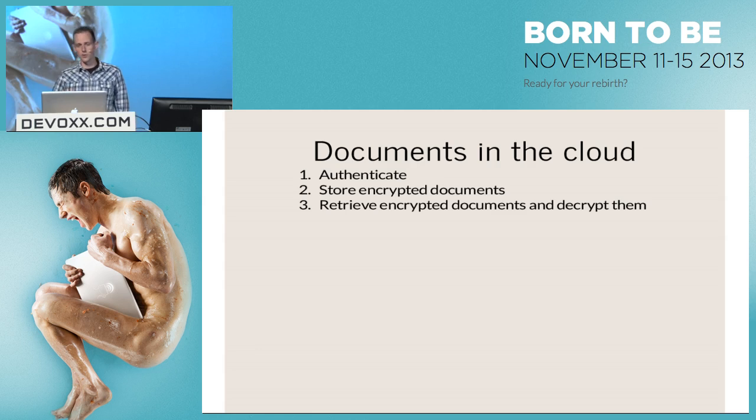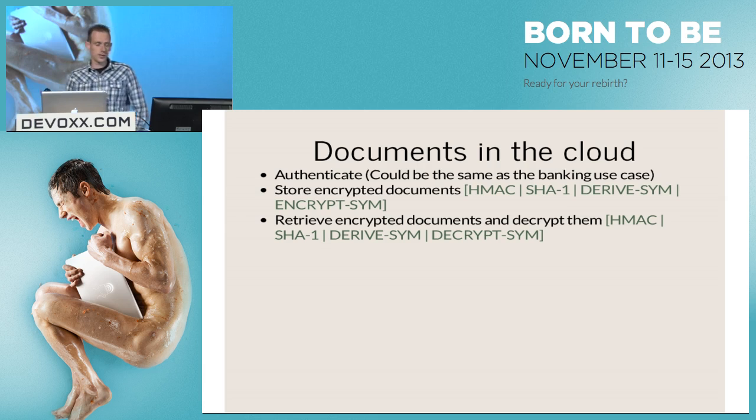And of course, you first want to make sure that only you can get the encrypted documents, and for that you use authentication. So for the authentication, we can use the same strategy that we did with the banking use case. For storing encrypted documents, we are going to use a key to encrypt them, of course, but here we're not going to generate a key from a random number.